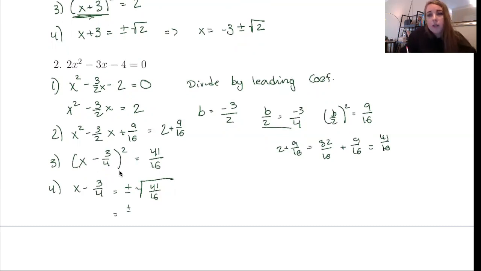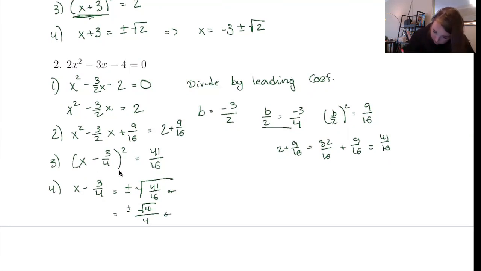Remember, radicals are just rational exponents. So this is the same as the square root of 41 divided by the square root of 16, which is just 4. That's why it's really important to clearly write that the whole fraction is in the radical right there versus just this right here.